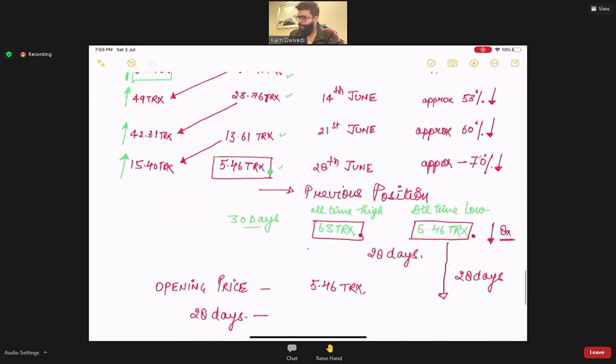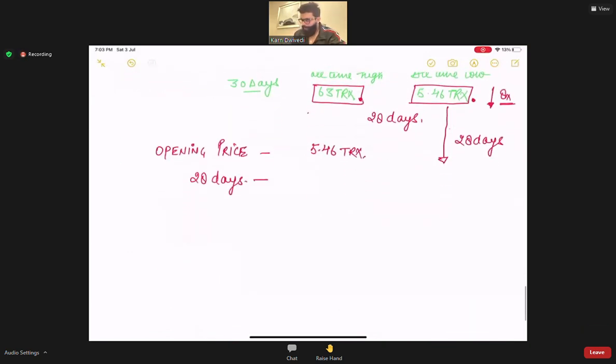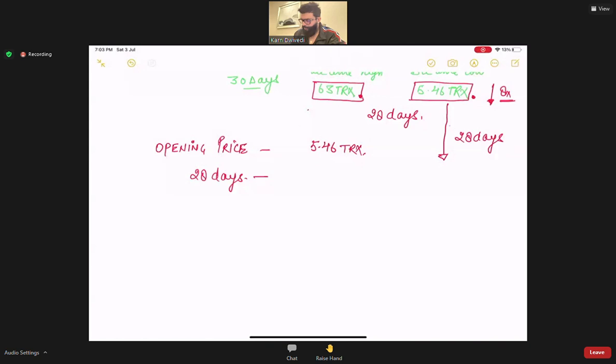After 28 days, you would have been sitting at 0.68 TRX, and this is per ECN.